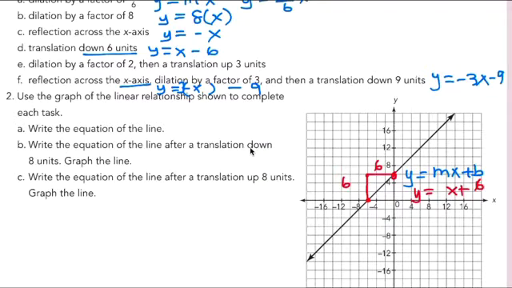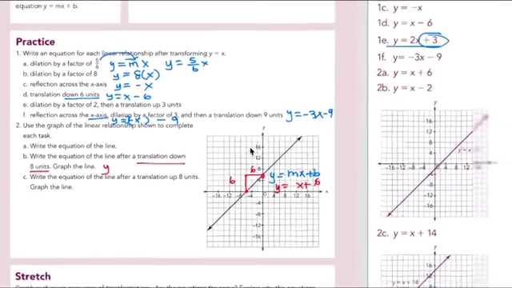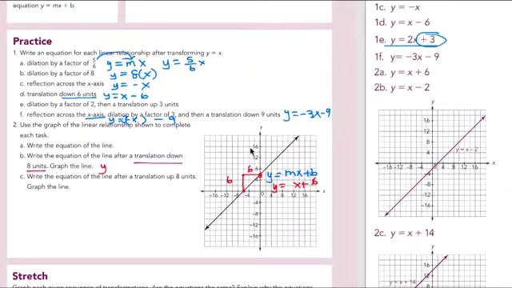Okay, write an equation of line after a translation of 8 units. Okay, so y. Why is that minus 6? Oh, because it's down.